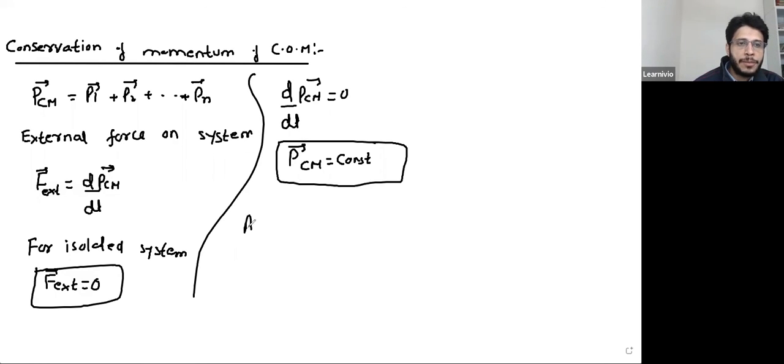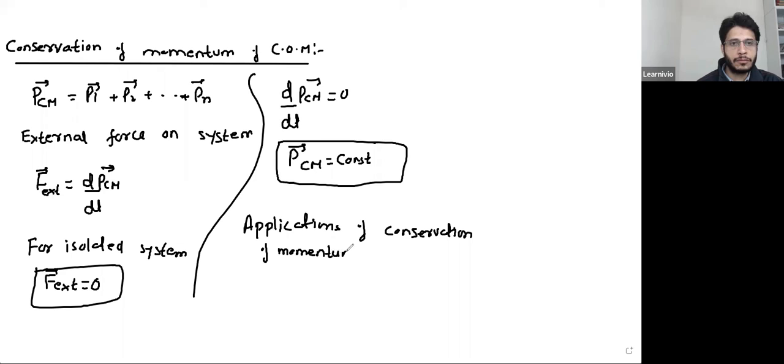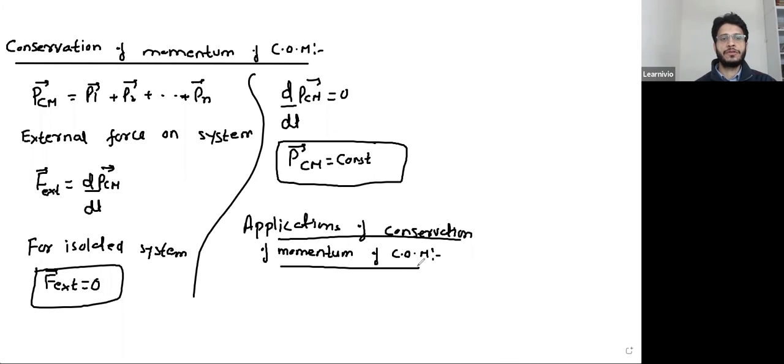Now see some real life applications of this principle. Application of conservation of momentum of center of mass. So the first application is, say you have a molecule of mass m, which is at rest. The molecule is at rest, that means initially the momentum of center of mass is 0.